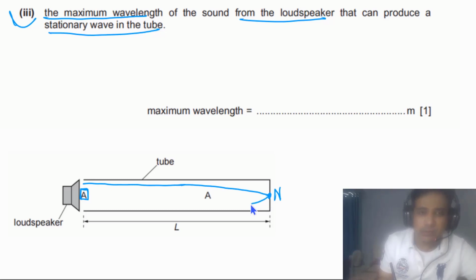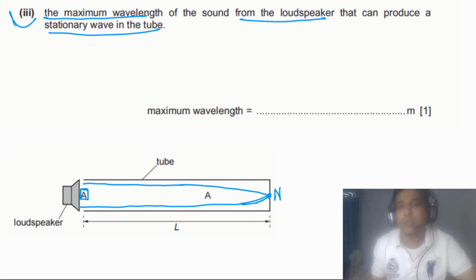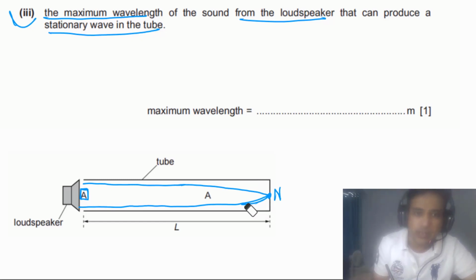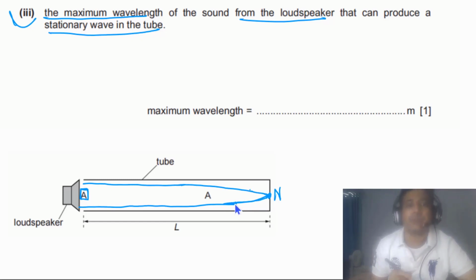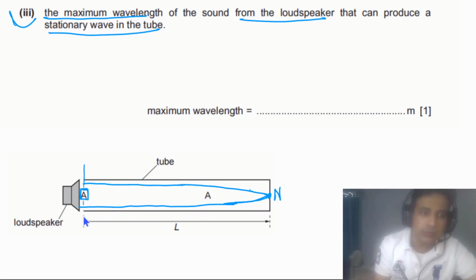It's just a rough sketch, but at least it can give you some idea how you need to sketch the first harmonic in this tube. This is the maximum wavelength. In this case you can see we have only one antinode and only one node.